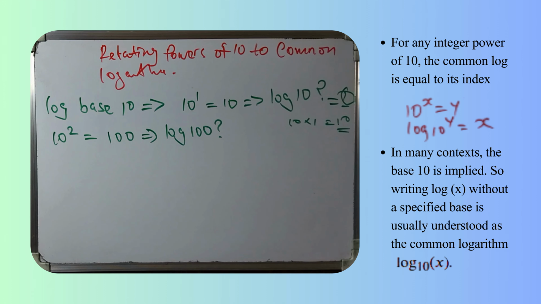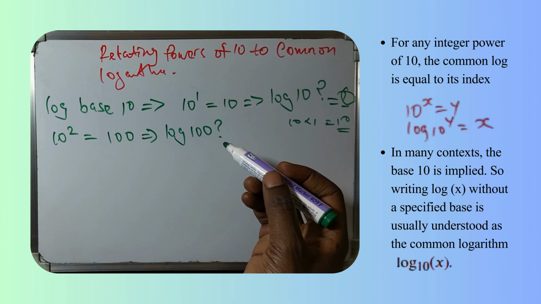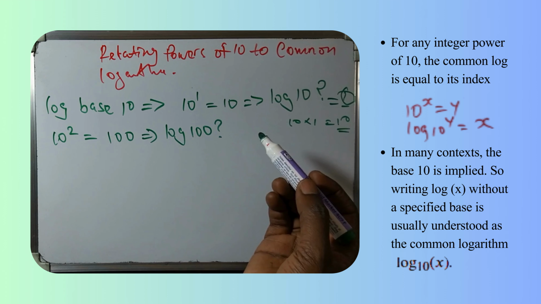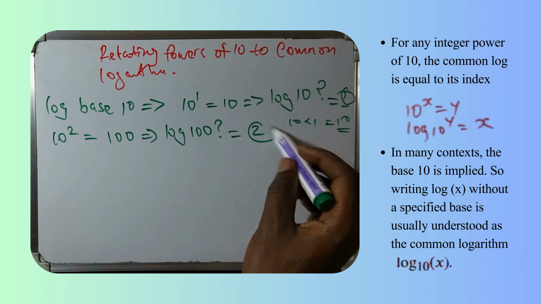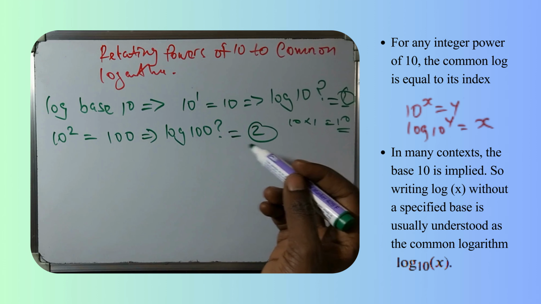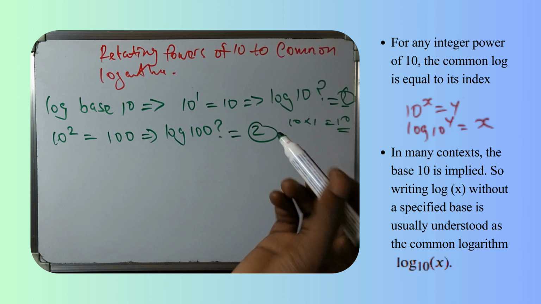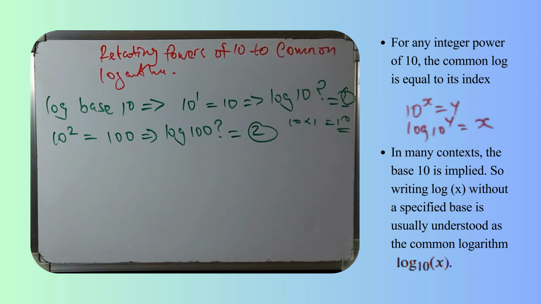And the answer is 2. If you multiply 10 two times, you'll get 100. That is what logarithm is asking. How many times do I need to multiply 10 to get a number?